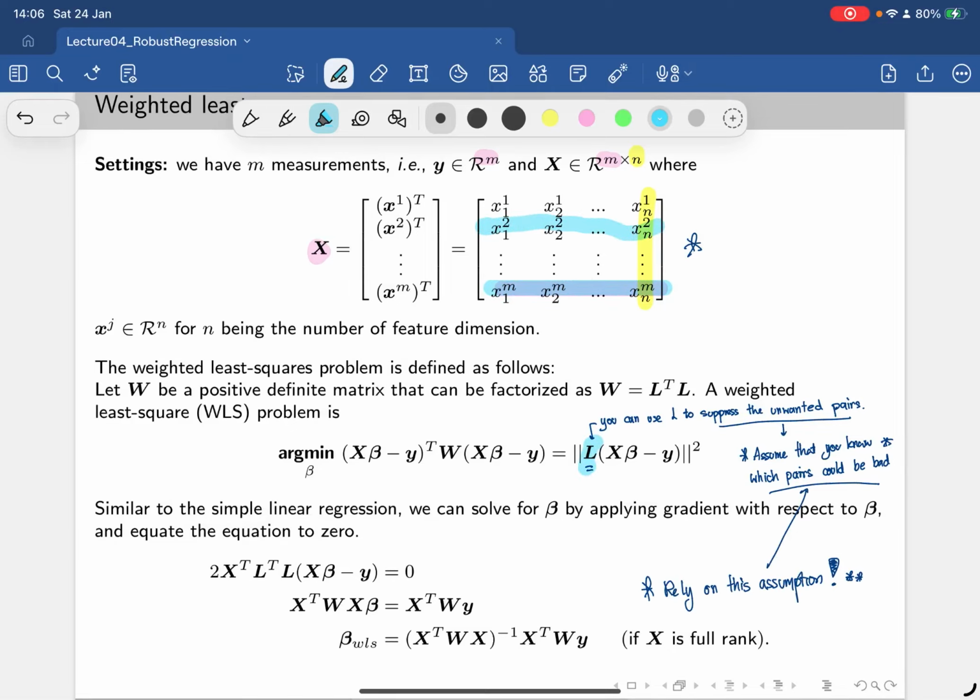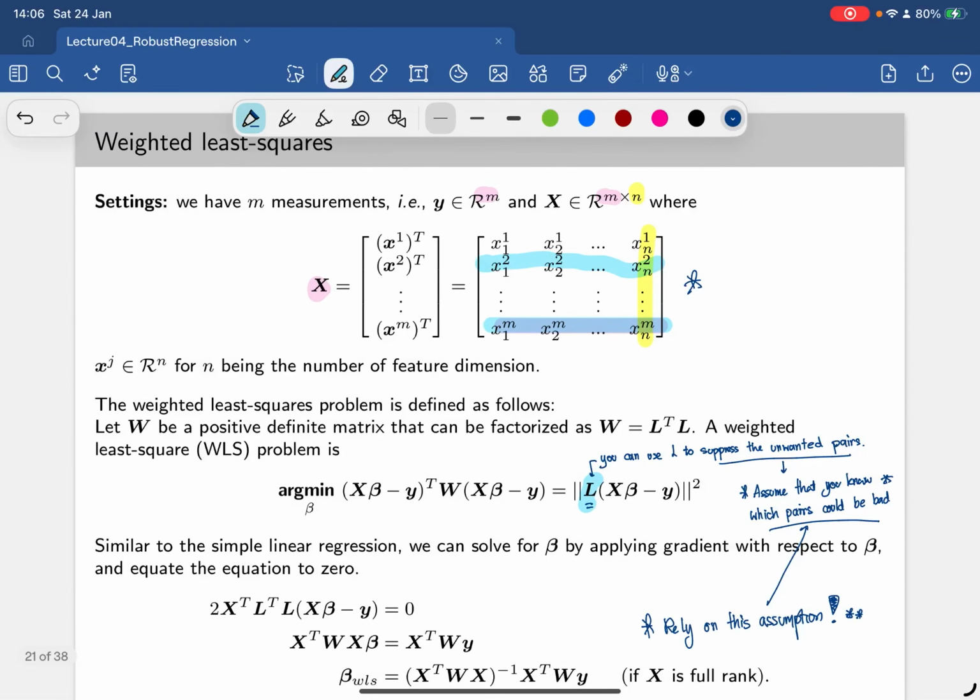So you can imagine that if this is our X beta, you can see that beta doesn't really have an impact on which row we would select, right?